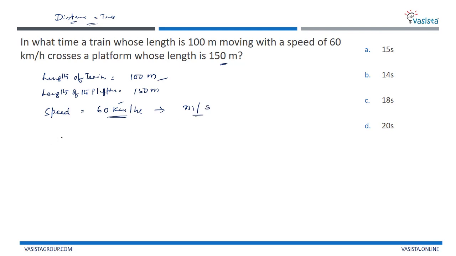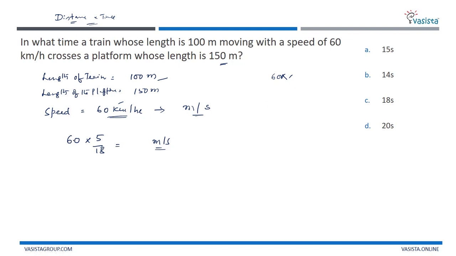You know how to convert: 60 km per hour, if you multiply by 5 by 18, you are going to get meter per second. You have to recall this, or otherwise what you can do is 60 into kilometer, 1 kilometer is equal to how many meter, you substitute, divided by 1 hour is equal to how many seconds, you substitute, you are going to get this.